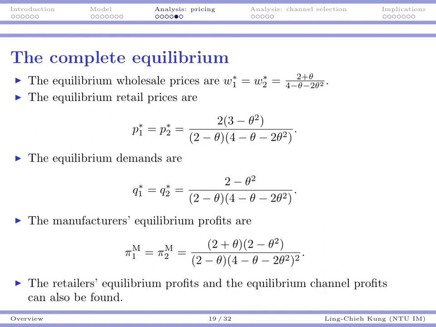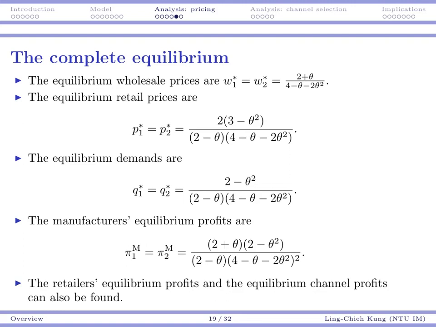So now we have the equilibrium wholesale price, and then we can get the equilibrium retail prices, and then we get the demands, and then the manufacturer's equilibrium profits. Of course we can also get the retailer's equilibrium profits, and if we add them together, we get the equilibrium channel profits. This can all be found as functions of theta.